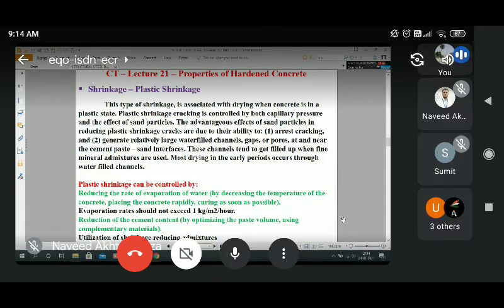Plastic shrinkage, first of all, you will understand that it is nothing but the reduction of volume of the concrete.